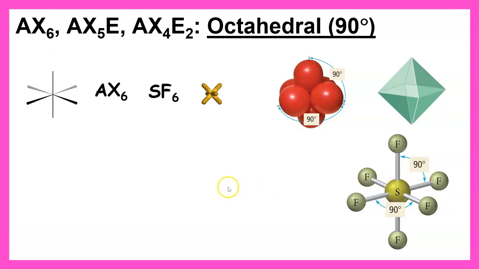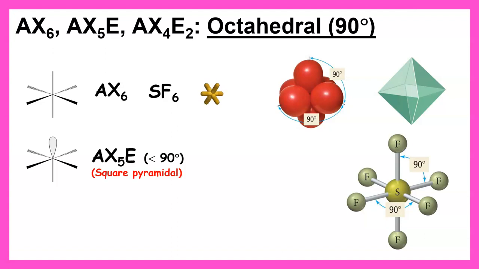If I were to replace one of the atoms with a lone pair, I don't have these 2 triangles on top of each other with my atoms anymore, do I? I just have one. We call it square pyramidal.